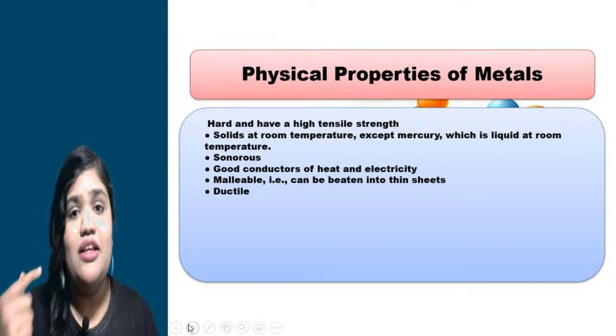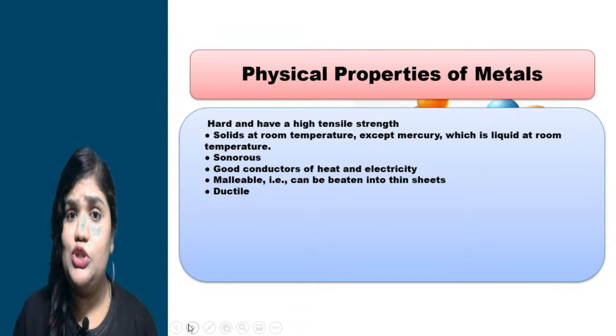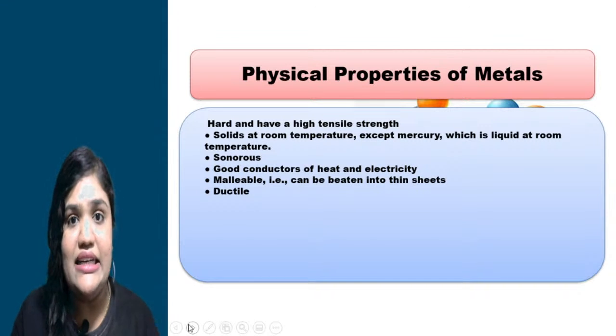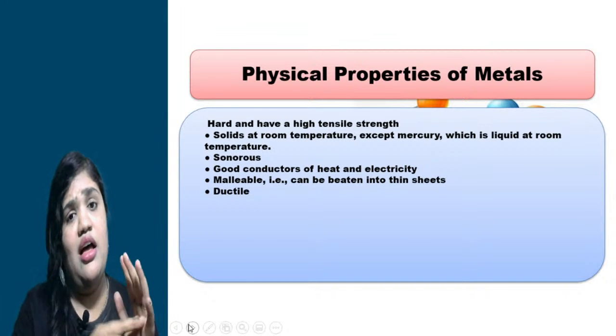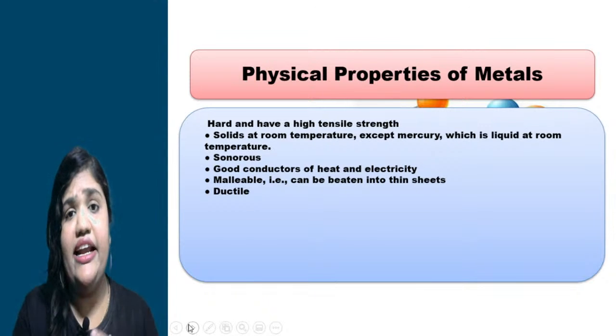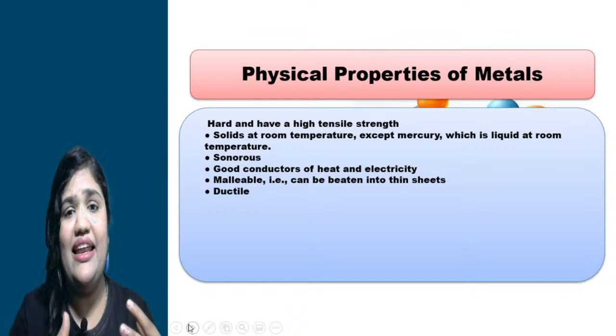Now the first characteristic or first property of metal, which is the most general property: generally metals are hard in nature. But students, do you know about alkali metals? What are alkali metals, everybody? S block elements are divided into two groups. First, A group, alkali metals. Second, A group, alkaline earth metals. So basically they are metallic in nature.